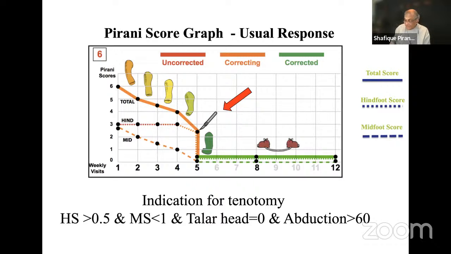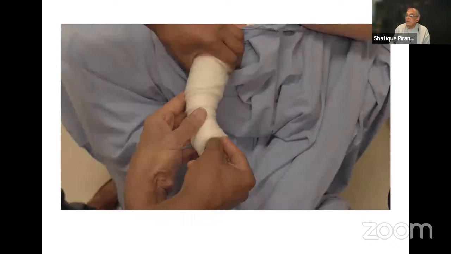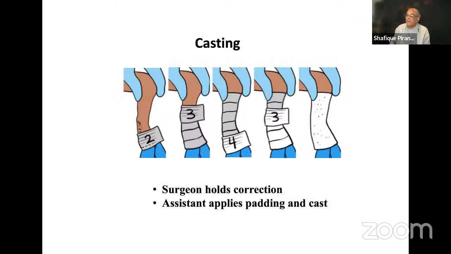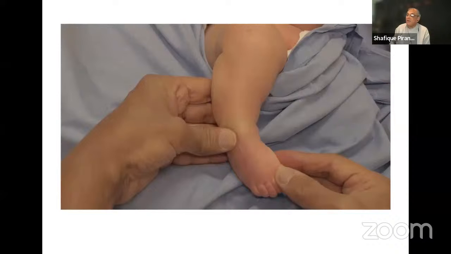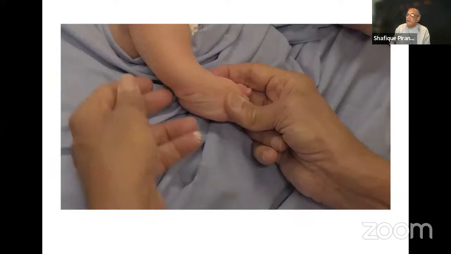The proof of the pudding is how can we make it so that you get to have a child that is allowing you to do this kind of casting without fussing, and so I go back to this.